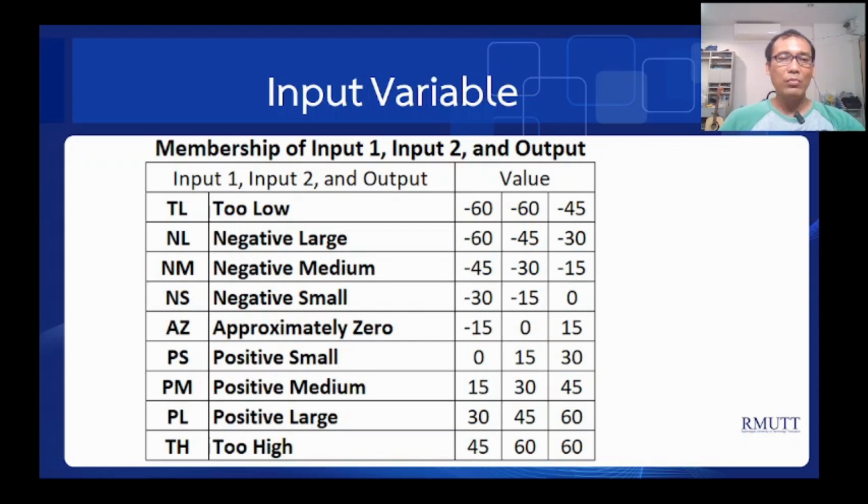First is TL, too low, then NL, negative large, NM, negative medium, and NS, negative small, AZ, approximately zero, PS, positive small, PM, positive medium, PL, positive large, and PH, too high. And these are the values of all those variables, starting from minus 60 until plus 60.